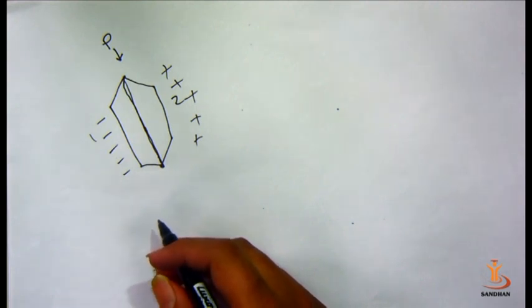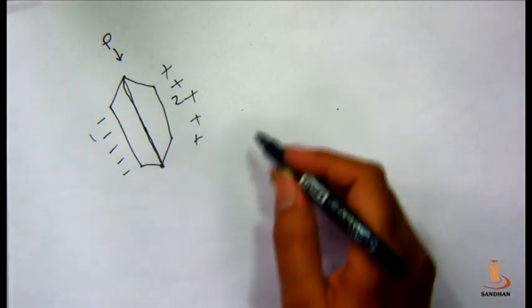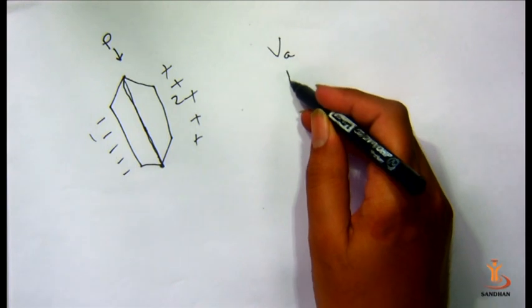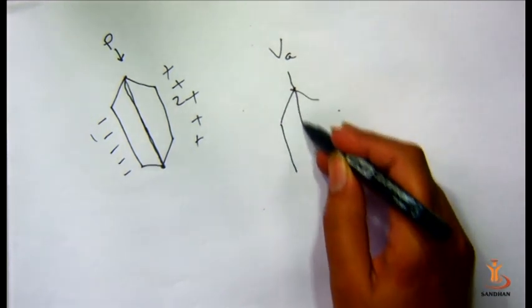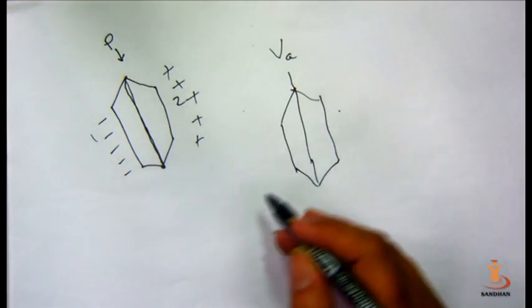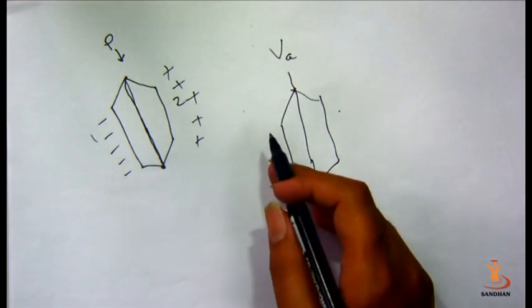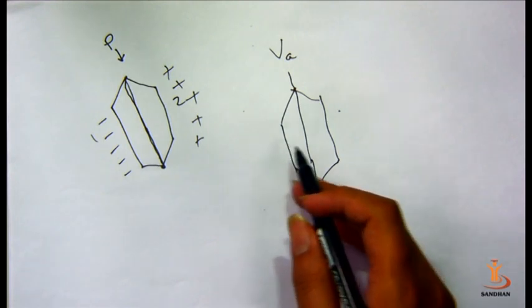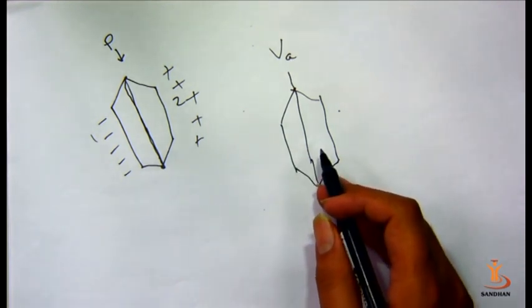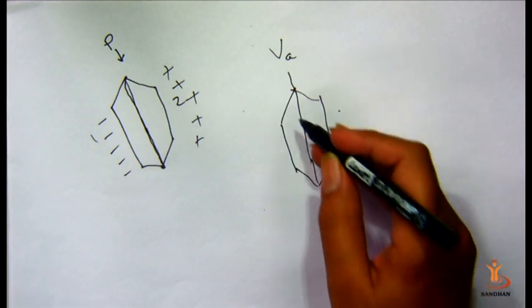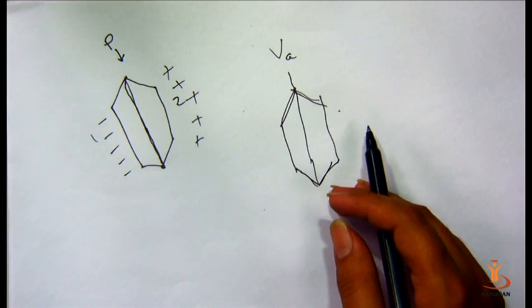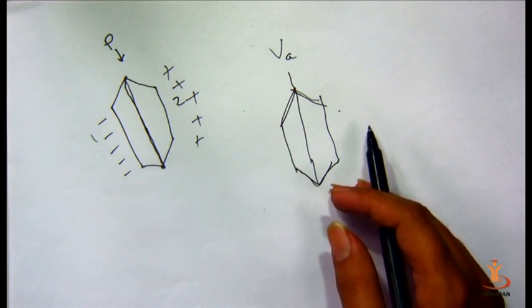Now in the inverse piezoelectric effect, what happens? If an alternating voltage is given to one pair of the two opposite faces, the input is electromotive force, so this quartz crystal will start to vibrate. Vibrations mean the quartz crystal undergoes contractions and expansions.